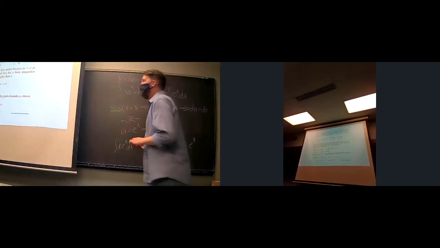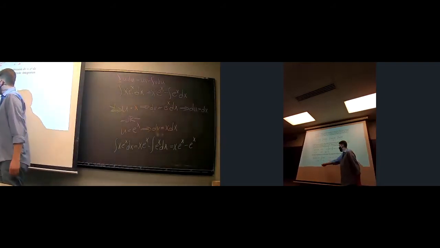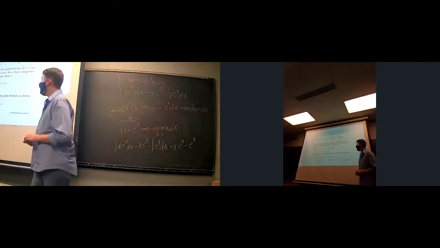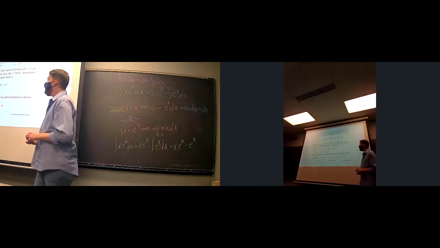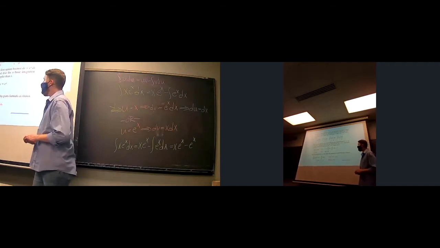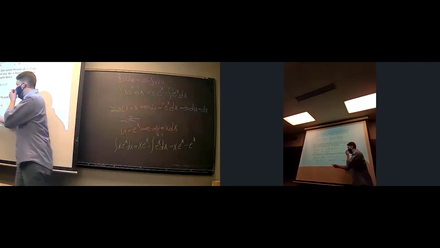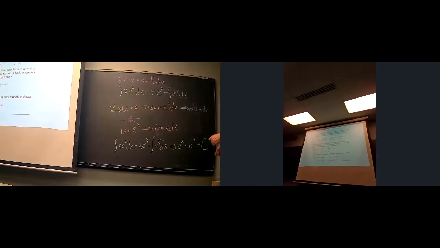Putting everything together now, we get x e^x minus e^x plus a constant after we do the integration. And I forgot to write my constant. And if we check it, what are we going to find?